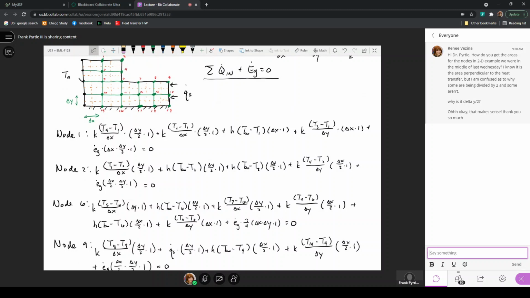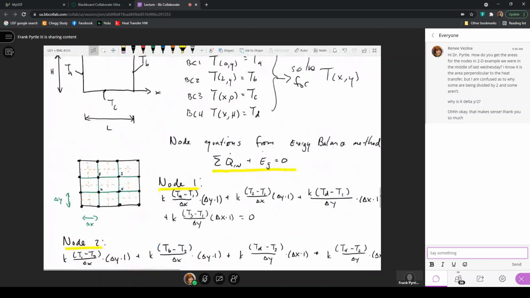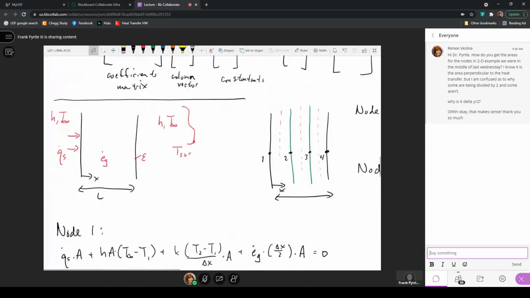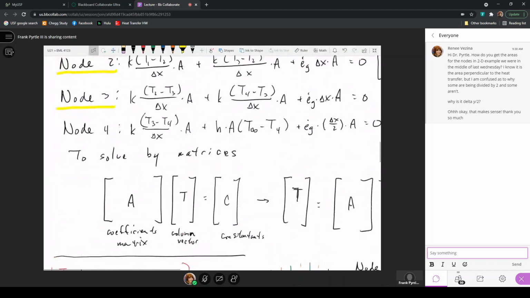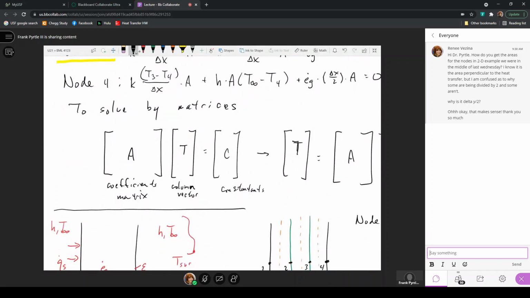And of course, if you were solving this by hand, we want to use matrix mathematics, such that you would end up with a coefficients matrix that would have 19 entries, which would just be the coefficients on the nodes T1 all the way down to T19. So this column vector would just be T1, T2, T3, all the way down to T19, with the coefficients in each row representative of the coefficients multiplied by those nodes for each equation.